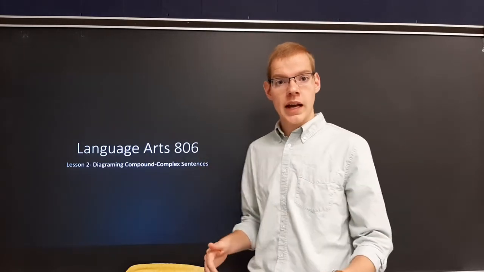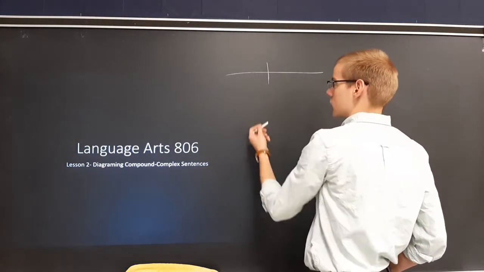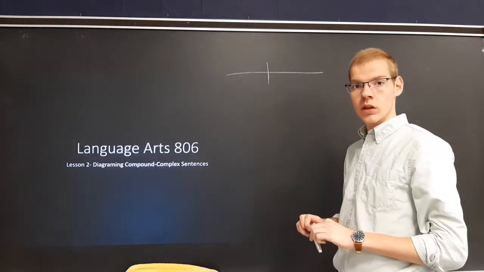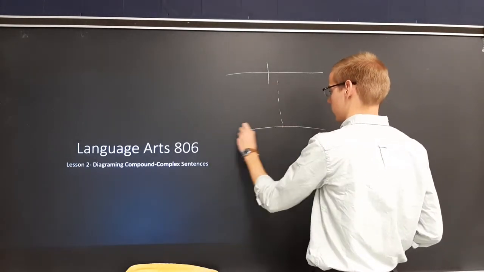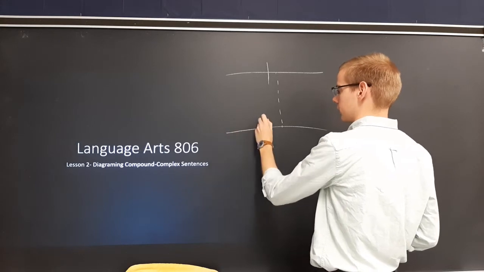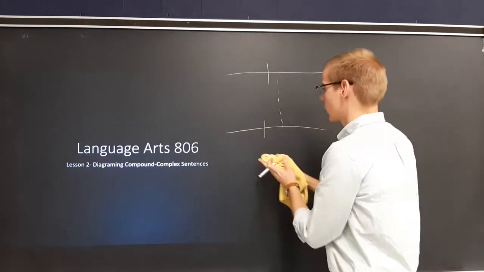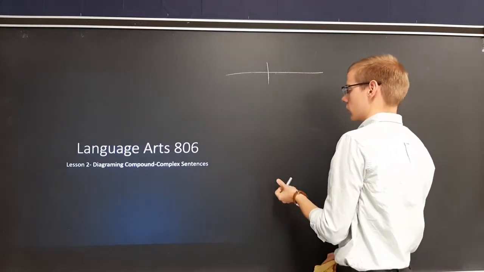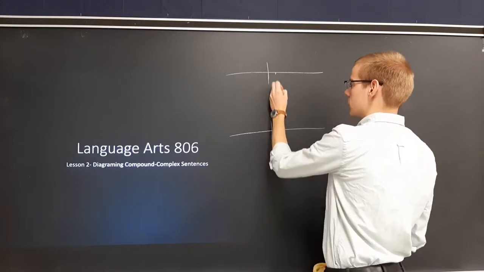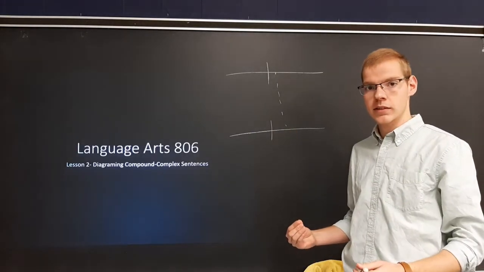So if we diagram a simple sentence, all we will have is this. We will have nothing like this. Now this, first of all, this part is a simple sentence. This part is a complex sentence.